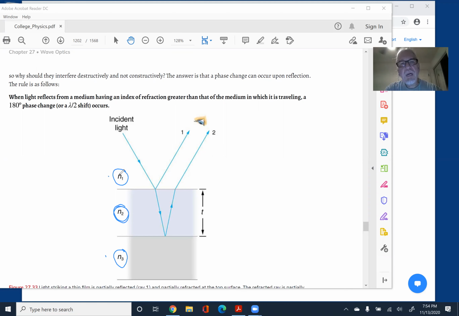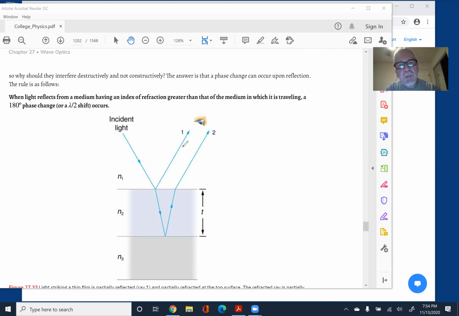So what we want to do now is calculate the path differences, just like for two-slit interference. But what we have is a ray of light coming almost perpendicular, and the closer to perpendicular, the better. Some of it reflects back, some of it gets refracted into the second medium, where it's reflected back at this end and comes back towards your eye, and some of it gets refracted again into your third medium, goes away forever, and it's not really part of an interference pattern.